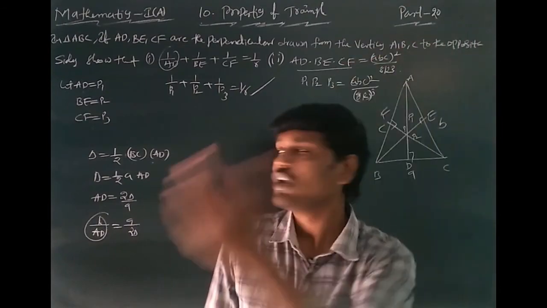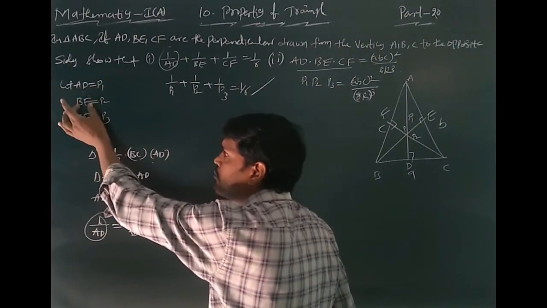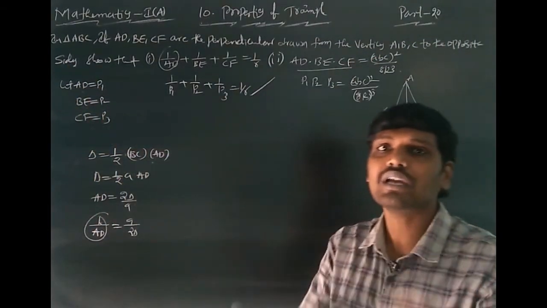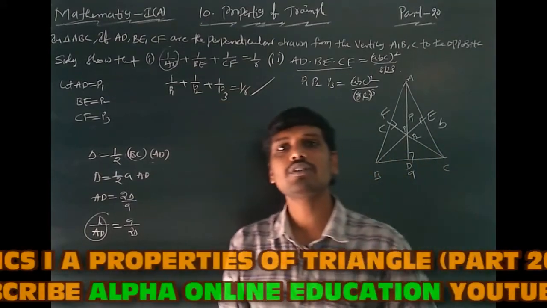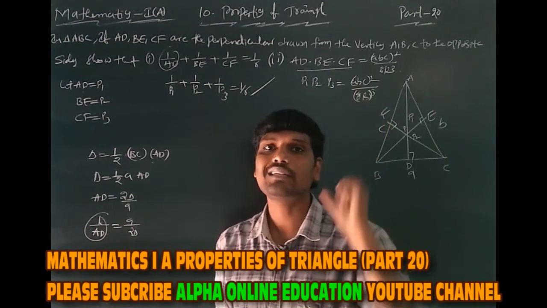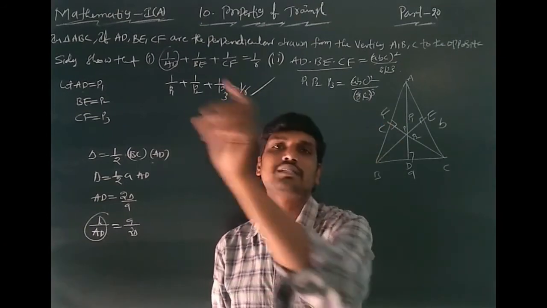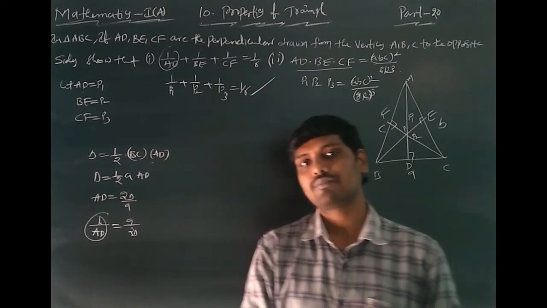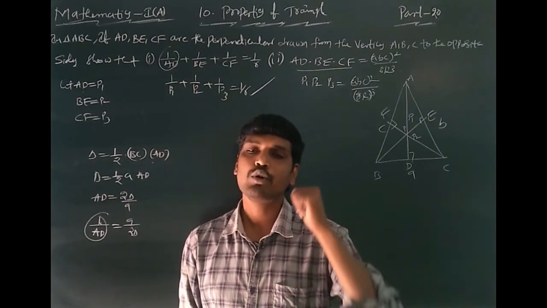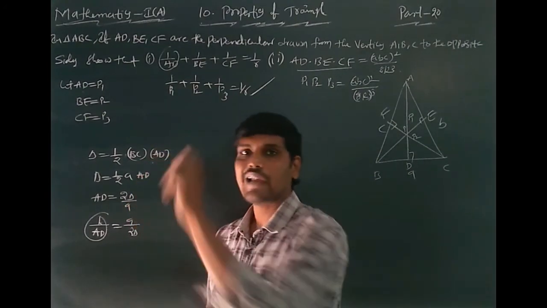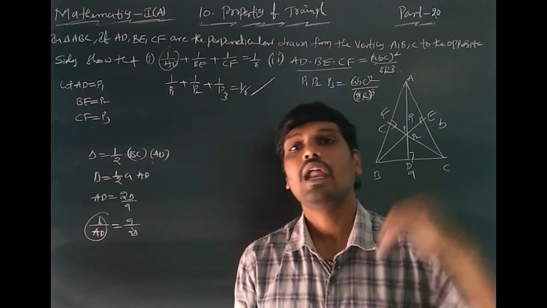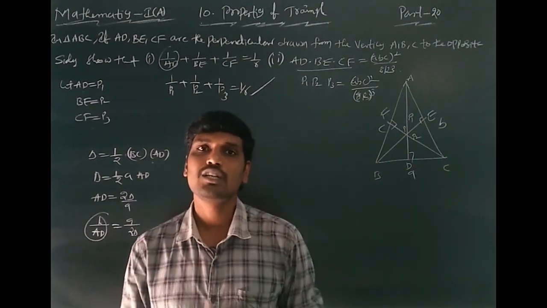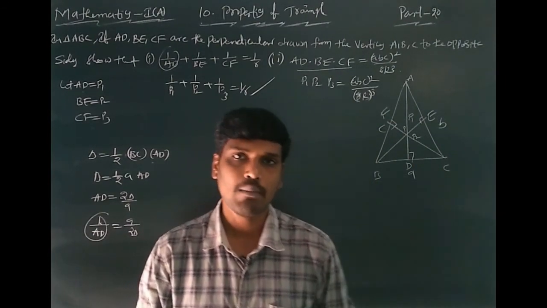That is also correct. You can write AD value P1, BE value P2, CF value P3, and the last problem is also completed. First you can write, suppose the AD value you take as P1. That's why the last problem and this problem are both equal problems. Understood or not? You can do this problem using this hint, as it is totally dependent on the last problem. You will easily understand and solve the whole problem. Okay.